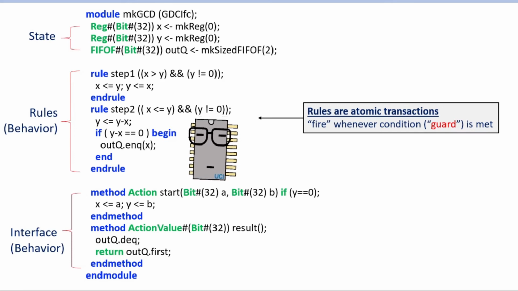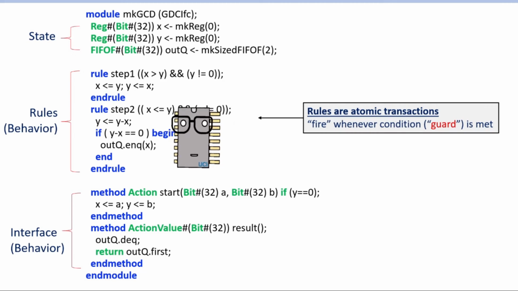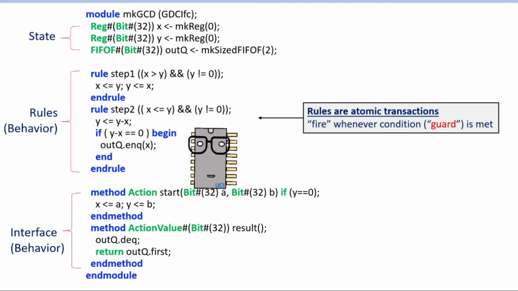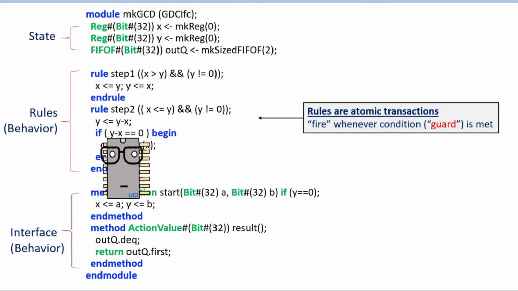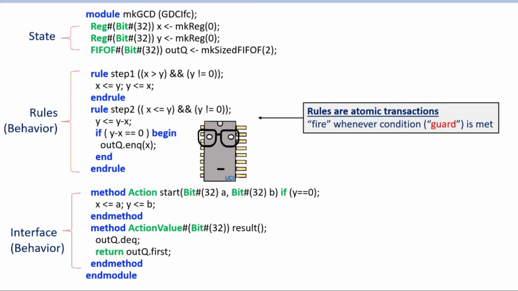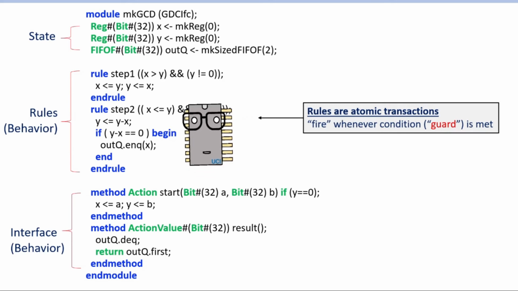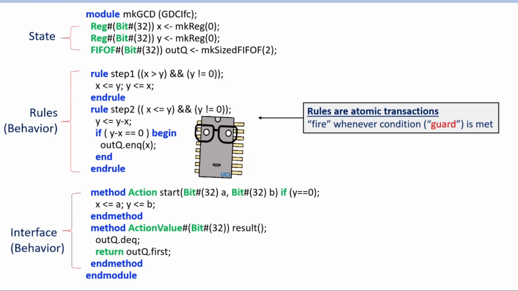Another example: if y is 2 and x is 2 as well, y minus x is going to be 0, so we want to send the result of x to the output queue. But if we didn't compare y minus x equals 0, and just compared y equals 0, because for some reason we didn't know about this characteristic of the language, or of hardware design in general, the effects of y equals y minus x will not be visible to this line yet.